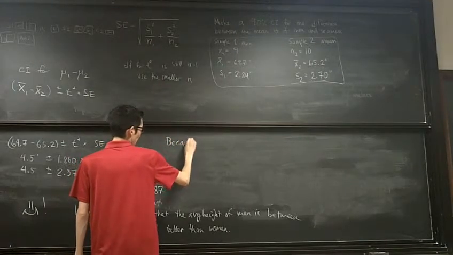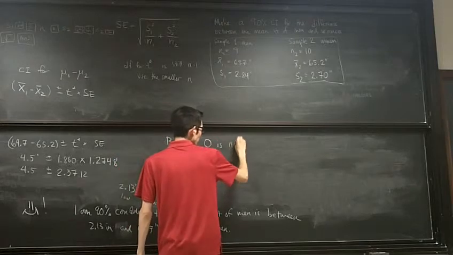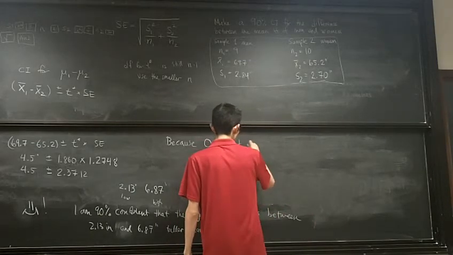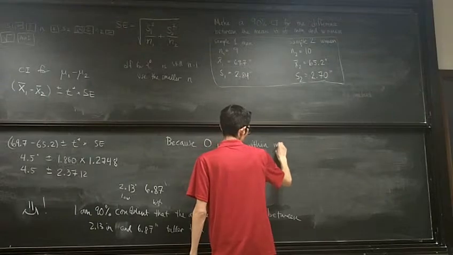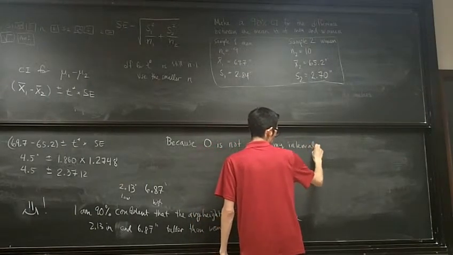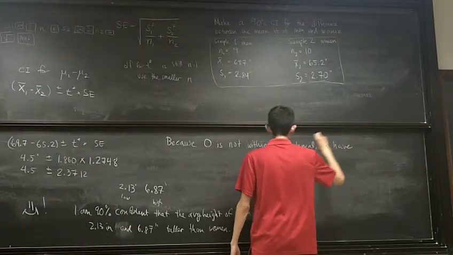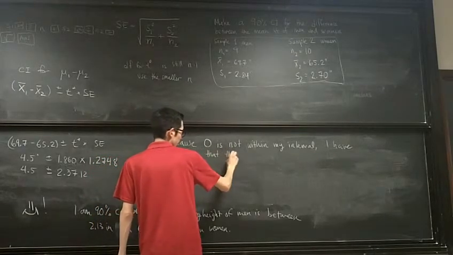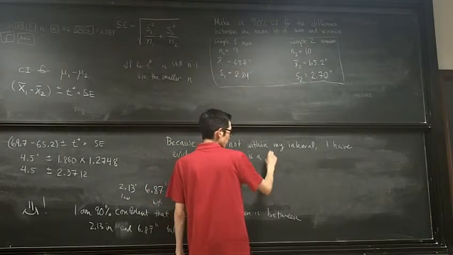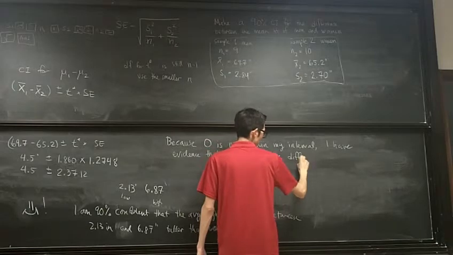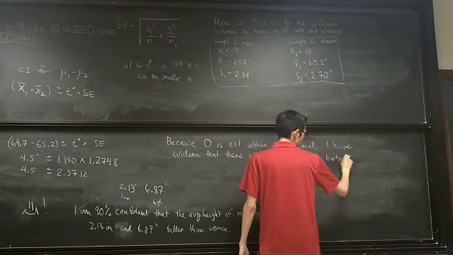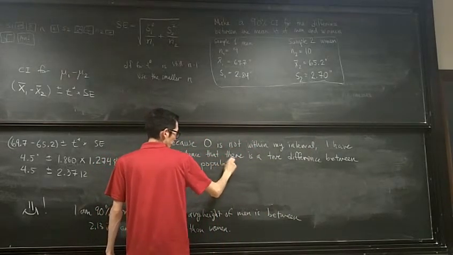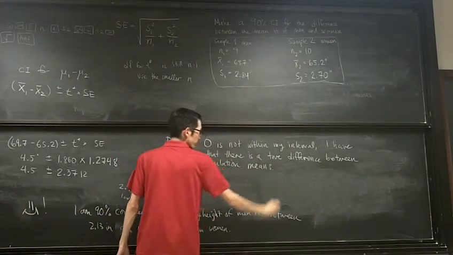Because 0 is not in my interval, or is not within my interval, I have evidence that there is a true difference between the population means.